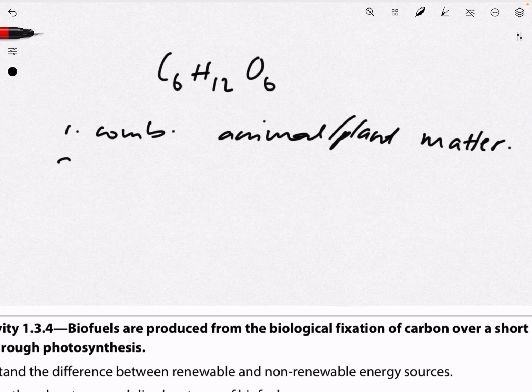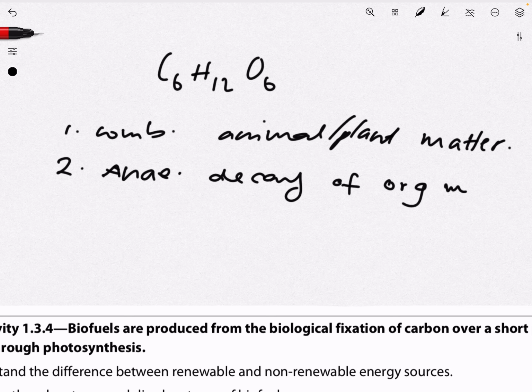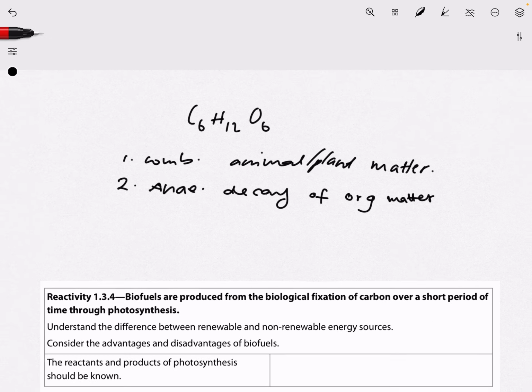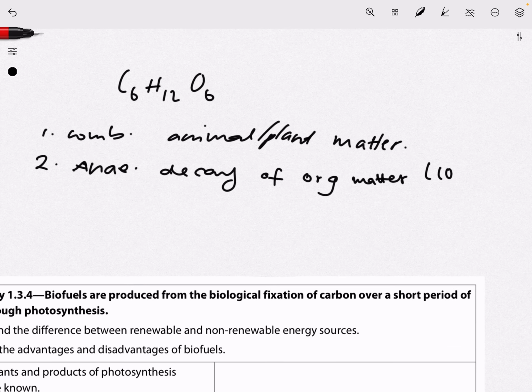Second of all, we have the anaerobic decay of organic matter, because this will form carbon dioxide and methane gas, which we oftentimes call biogas, which, as we can see, is a hydrocarbon, so we can use it as a fuel.